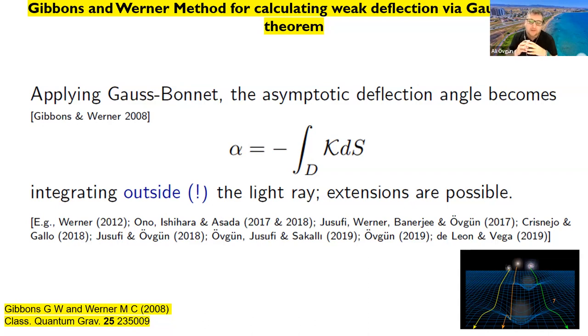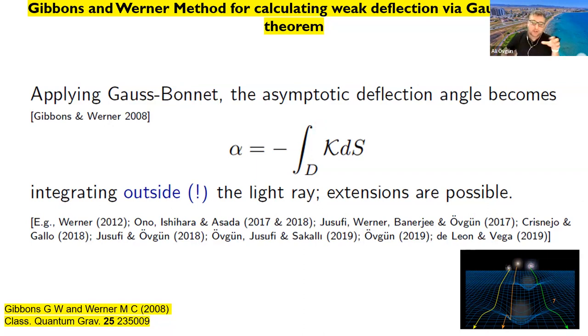And it turns out that the focusing of the light ray is, from this point of view, essentially a topological effect. Hence, they find, rather surprisingly, that the deflection angle can be calculated by simply integrating the Gaussian curvature of the optical metric outward from the light ray, in contrast to the usual description in terms of the mass enclosed within the impact parameter of the light ray.